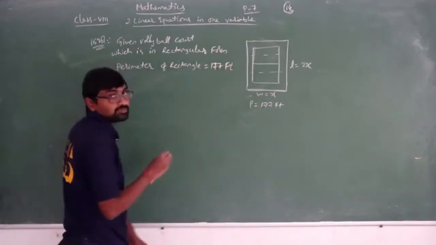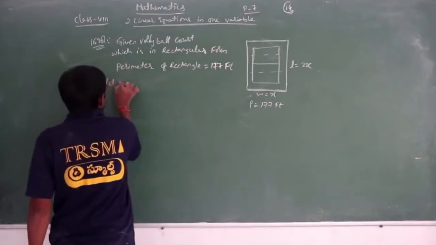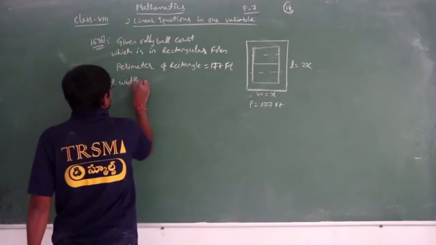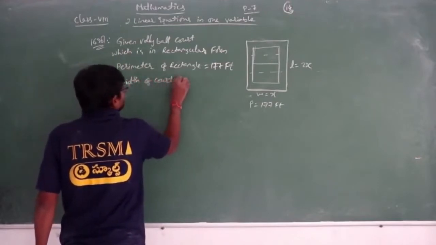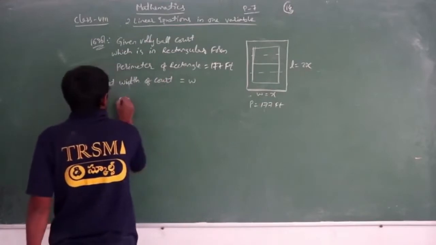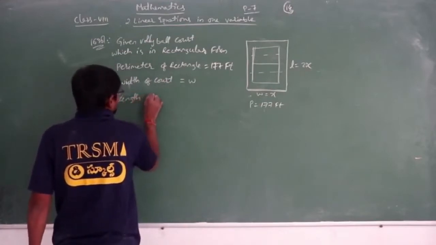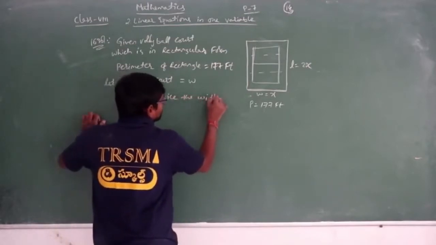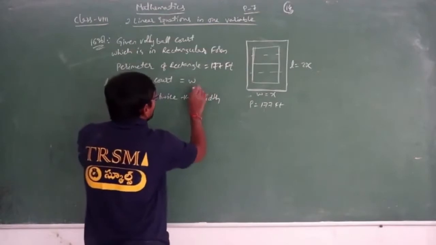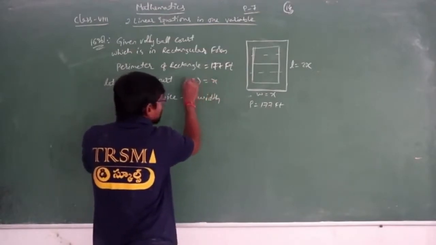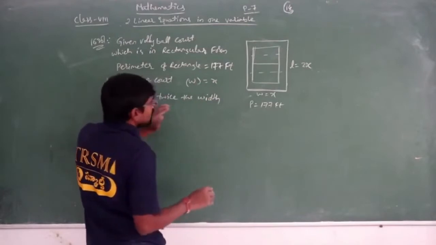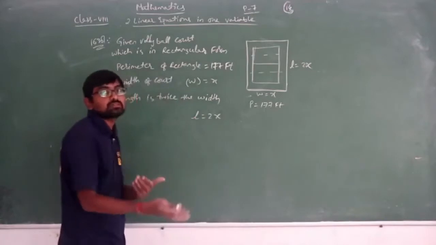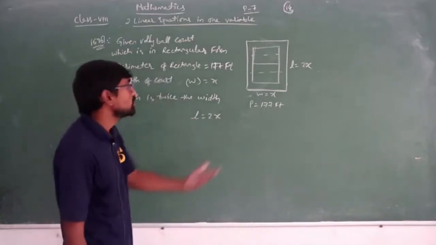Again, width we don't know, let the width of the court be W. Then what about length? Length is twice the width, isn't it? W is equal to x, and length is twice the width, that is L is equal to 2x. Twice means we are just multiplying it by 2, that is 2 into x.